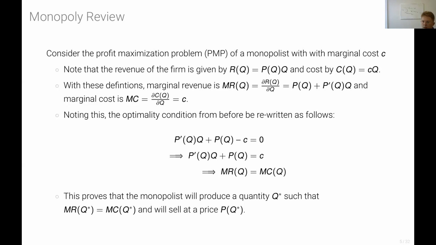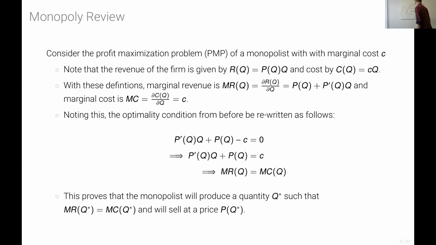Let's denote a couple of features of this. The revenue of the firm is just what's given here. So this is revenue. And the second part is the costs of the firm. With those definitions, if we take the derivatives of revenue and costs, this here is just going to be marginal revenue, and C is just going to be equal to the marginal cost.